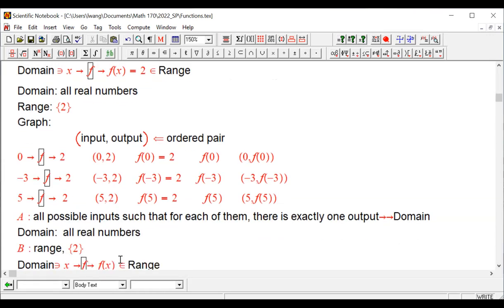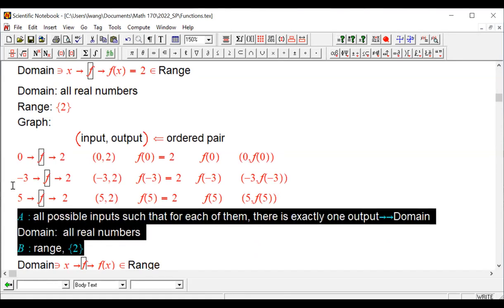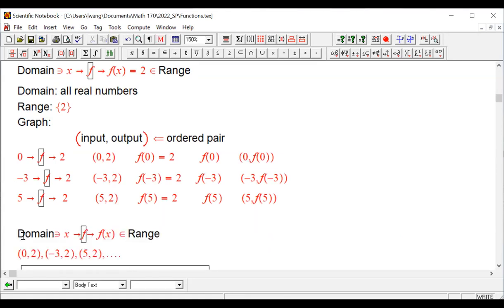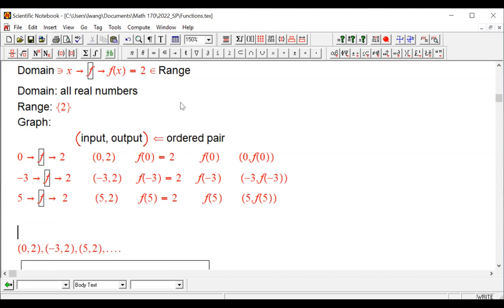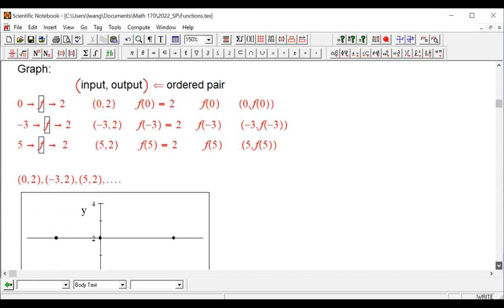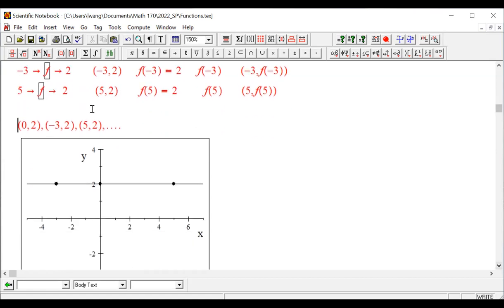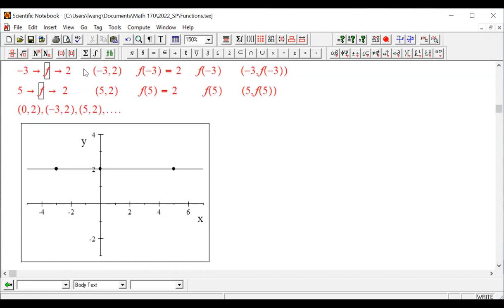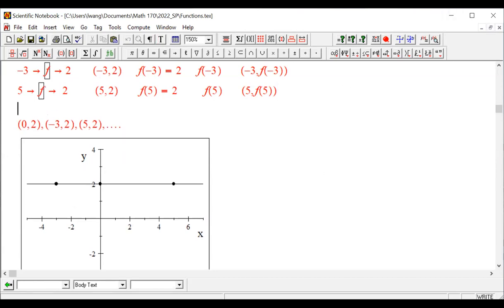So we already have the domain and range. And we're going to plot the points. When we plot these points, what do we get? This is what we got. Let's mark these points.